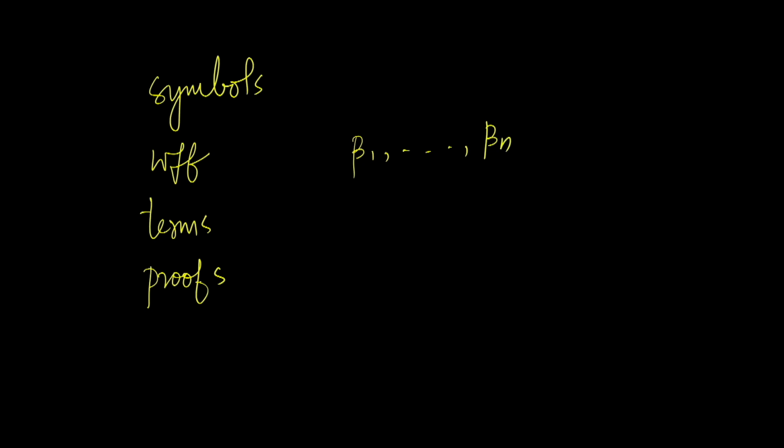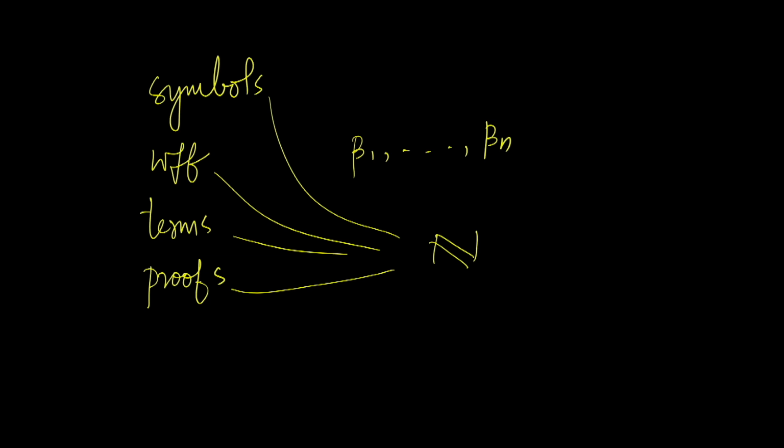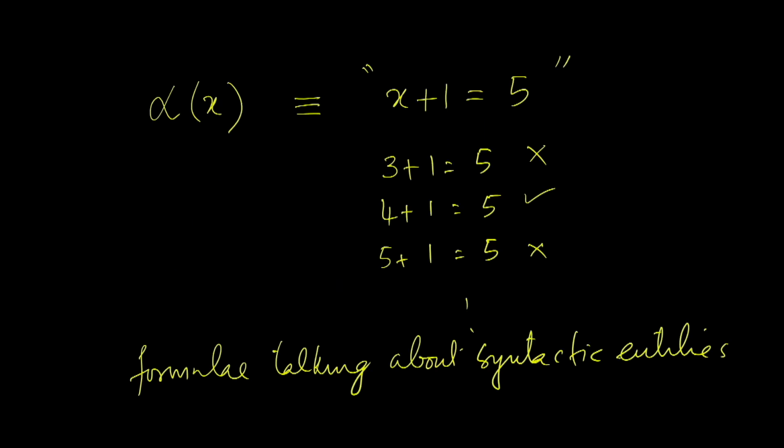So if you combine the Gödel numbers of the well-formed formulae belonging to a proof in an appropriate manner, we can also devise a Gödel number for a proof. So proofs are also syntactic entities. Now Gödel numbering maps all of these into the set of natural numbers in a one-to-one manner. Therefore, we can now have statements that are talking about syntactic entities, which include symbols, well-formed formulae, terms, proofs, etc.